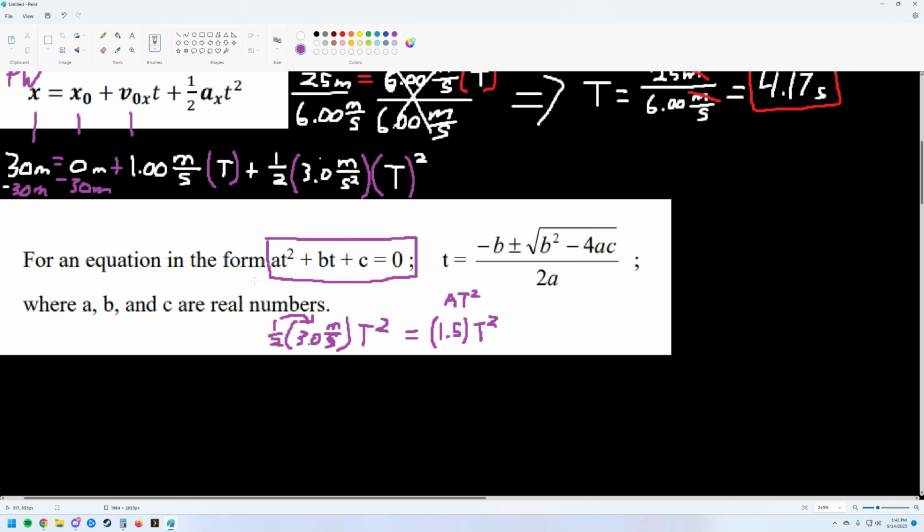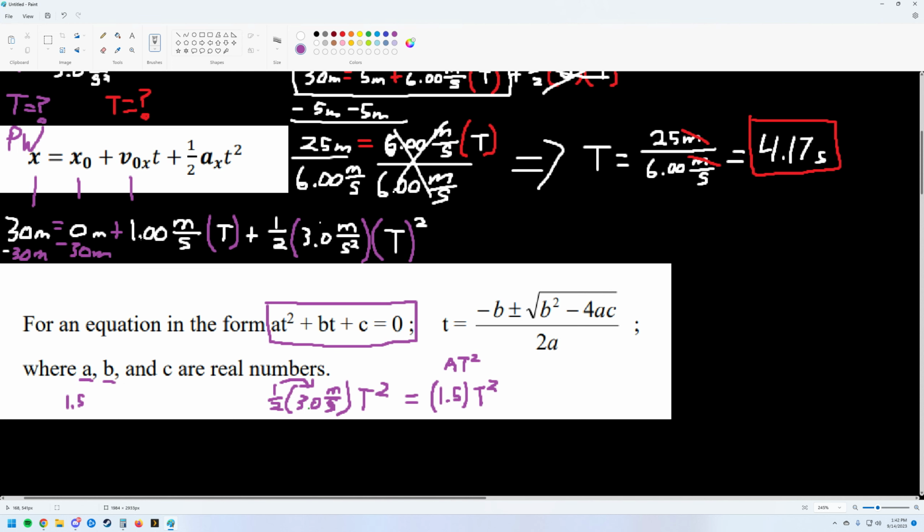So our value for A here is going to be 1.5. Don't worry about units. The value for B, BT, right? We have 1.0 meters per second times t. That's it. Easy. 1, right? You could put 1.00 if you want.